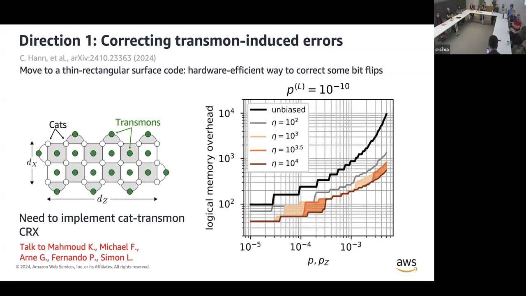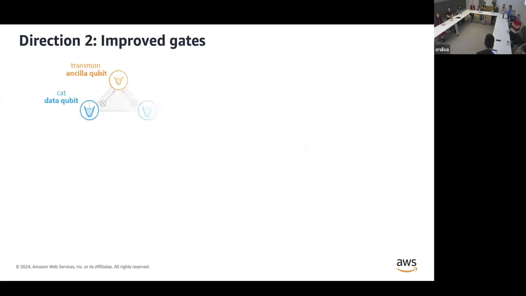And we have some estimates that eventually, in this long-term goal, we can have some improvement in overheads, roughly 10x over what we have for the surface code. So that's the ultimate goal. We want to eventually scale, and of course we have to scale a lot, but hopefully we have to scale 10x less than if we just do the surface code.